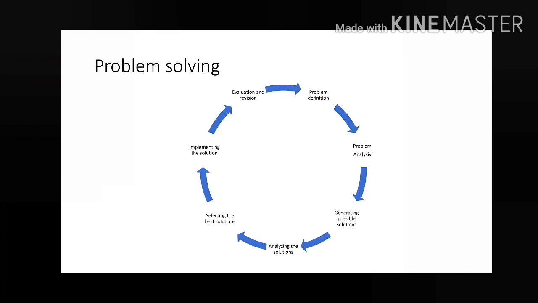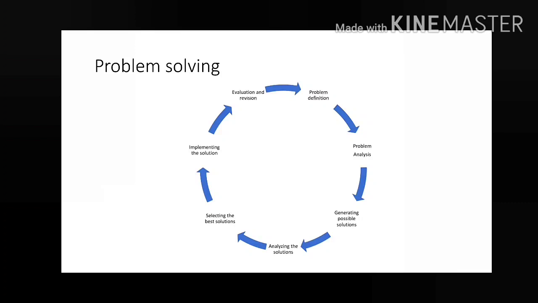And last step is the evaluation and revision. Now that particular individual will evaluate by observing his parameters, whether his parameters are normal or not, and he will revise whether the best solution which he has opted has really given him a right thing or not. Okay, so this is evaluation and revision.